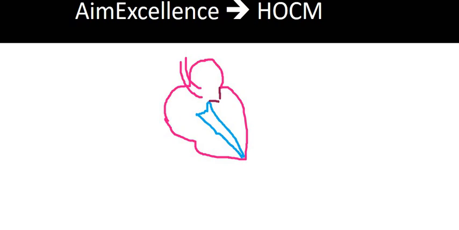As per the factors that are leading to this condition, we have to remember a few things. There is systolic anterior motion of the mitral valve, and there is left ventricular outflow tract obstruction.